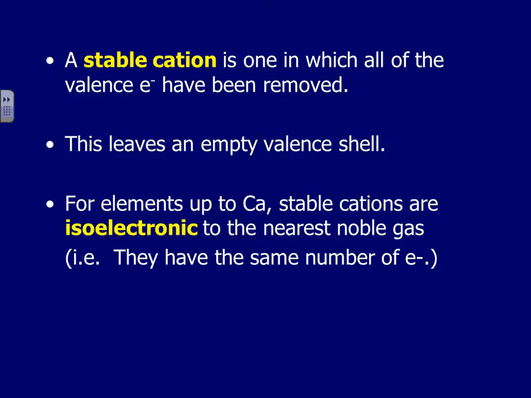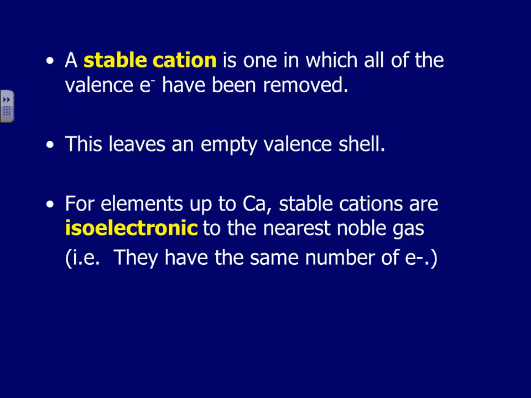What do you think isoelectronic means? Yep. Same electrons, right? If you take 2 electrons away from magnesium and empty that shell, then it's going to become the same as neon, right?